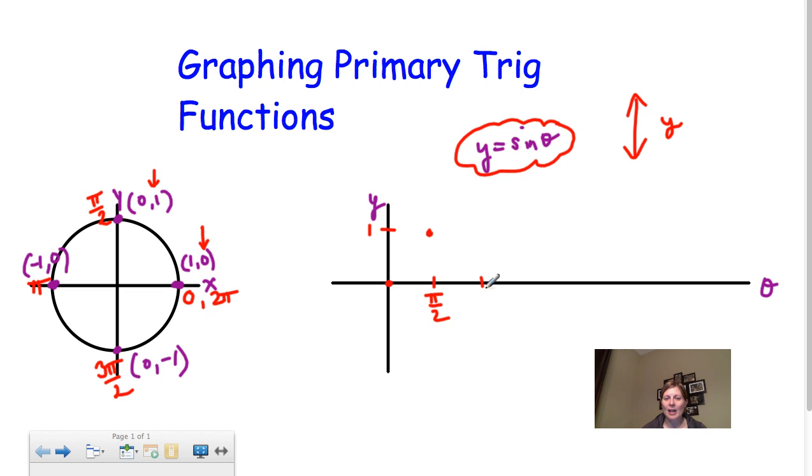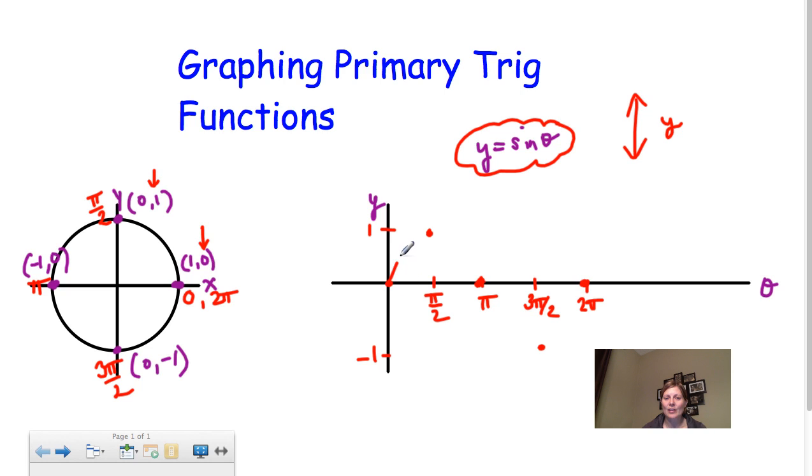When I'm over here at pi radians, way over here, the y guy is at 0. And when I'm at 3 pi on 2 radians, my y guy is at -1. So this is down here at -1. So we're down at the bottom. And then when I come all the way back around to 2 pi radians, I'm back up here on the axis of curve.